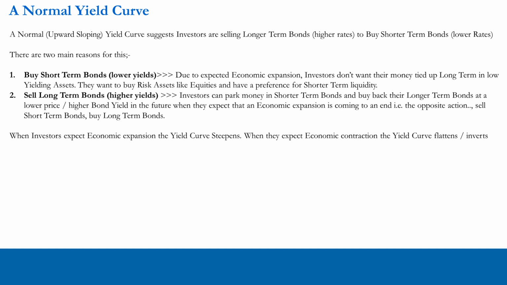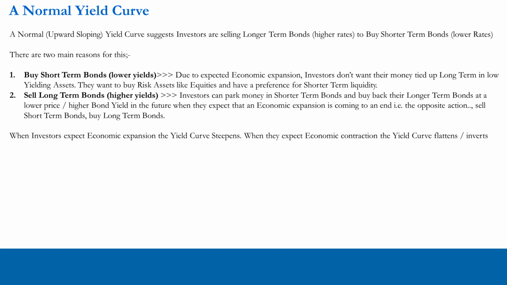And the more long-term bonds that the market buys and the more short-term bonds that they sell, what's going to happen? Well, long-term yields are going to go up and short-term yields are going to go down. And on a relative basis, this means that the yield curve is going to flatten and potentially invert. Inversion is when short-term rates are higher than long-term rates.